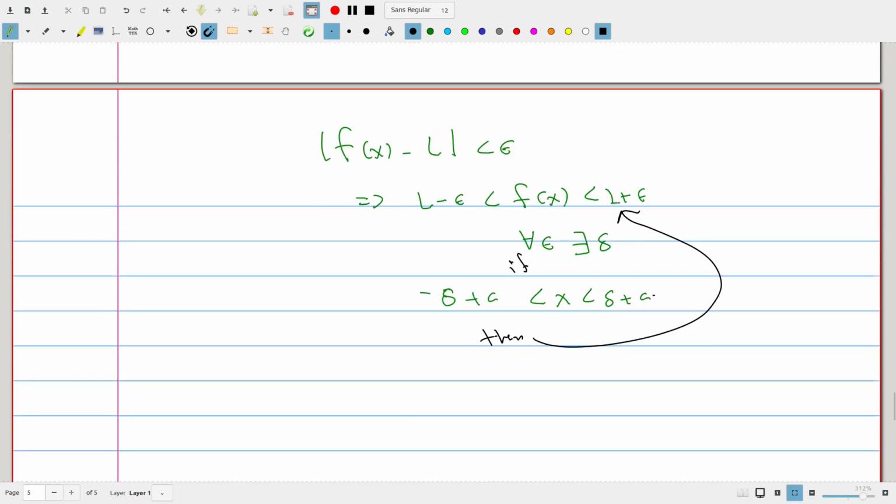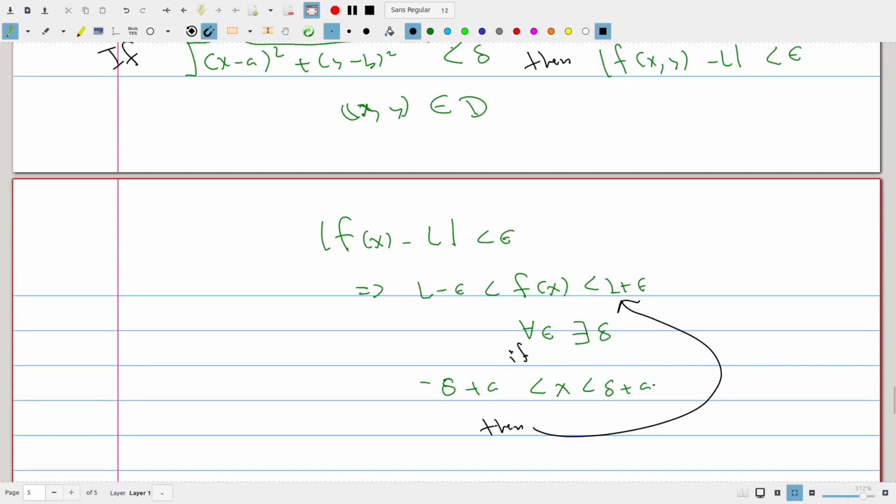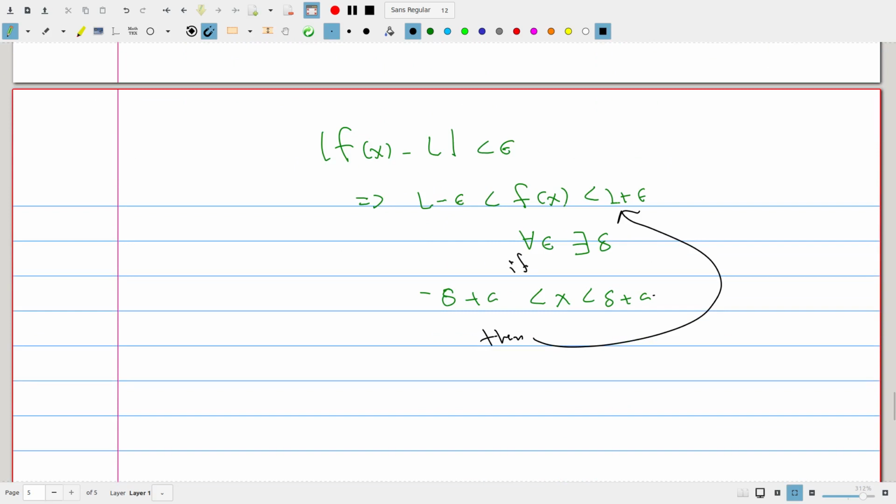Similarly, instead of this interval, what we do is we think of the Cartesian distance, meaning the distance along a straight line between the 2 points. We use Pythagoras' theorem between the points (a, b) and (x, y).